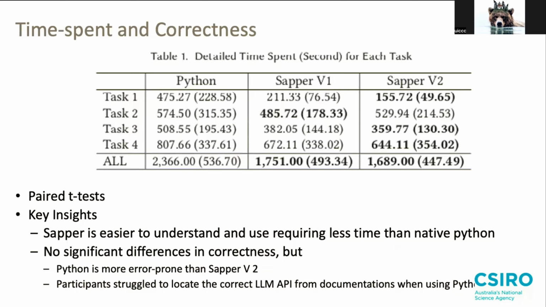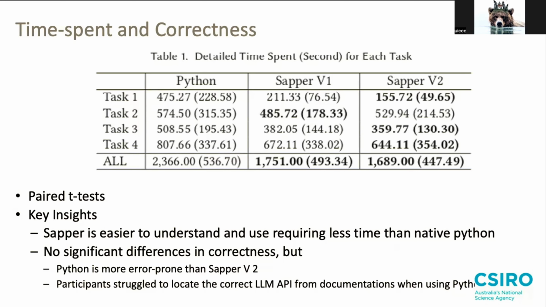So here we show the results of the time spent and the correctness. As you can see in the table here, Sapper is easier to understand and use, requiring less time than the native Python. While there's no significant difference in terms of correctness, we noticed two findings.